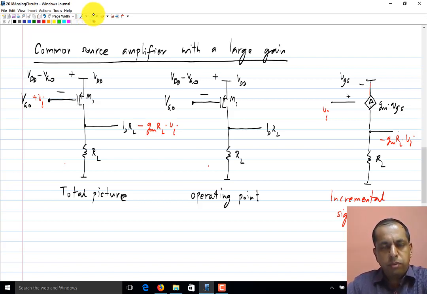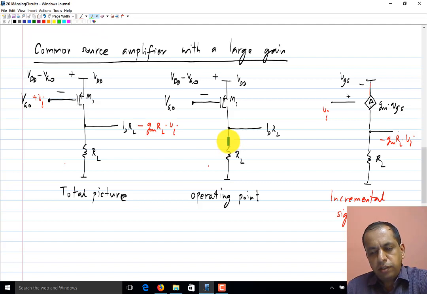Now just to recap the problem we had, if we try to increase the gain, we have to increase RL. Then the current that is flowing through the MOS transistor will flow through a bigger resistor and create a larger voltage drop, which means we have to increase the supply voltage.